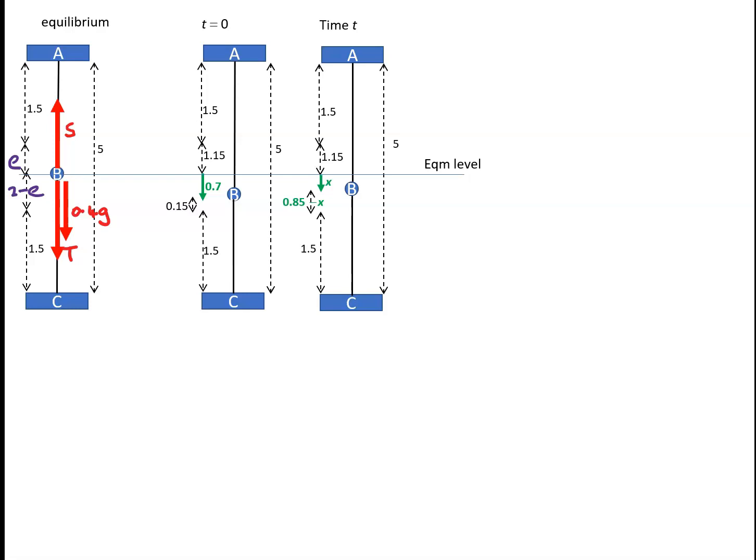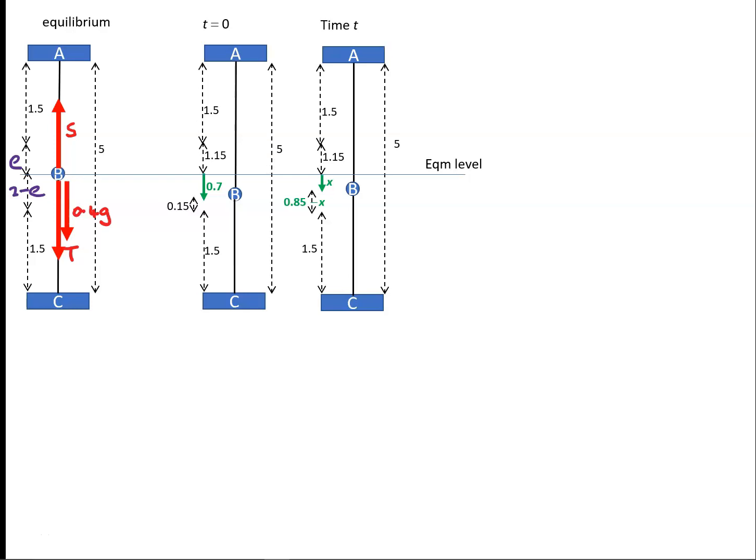If that is the case, then the extension of AB is going to be 1.15 plus x, and the extension of BC is going to be 0.85 minus x. The positive direction for x in our diagram is downwards, so that is also the positive direction for our acceleration x double dot.